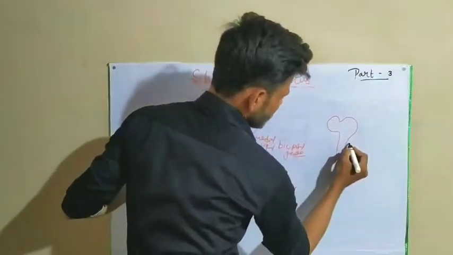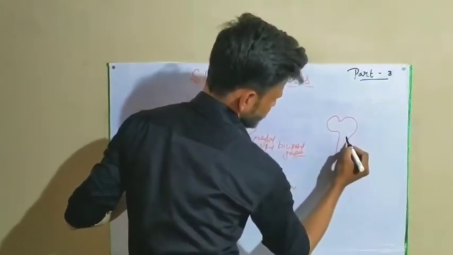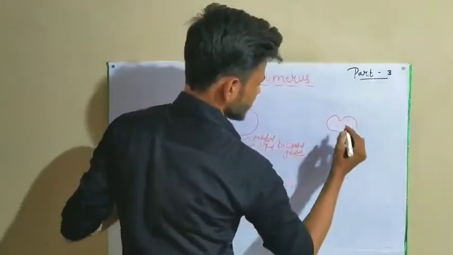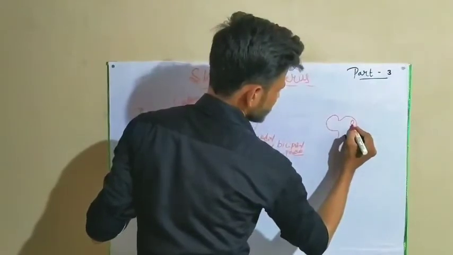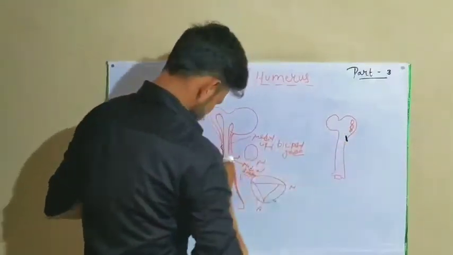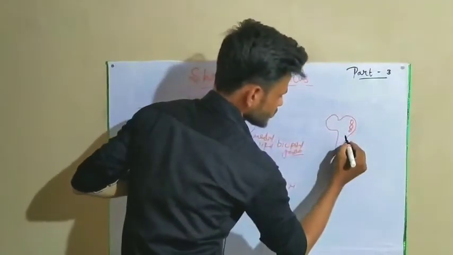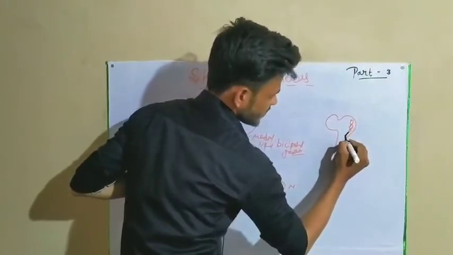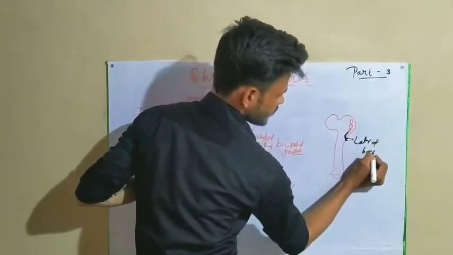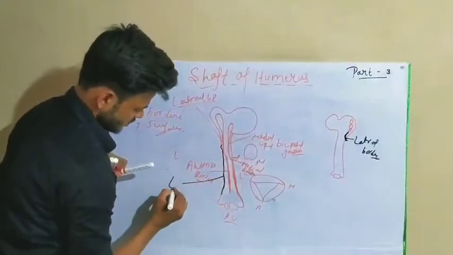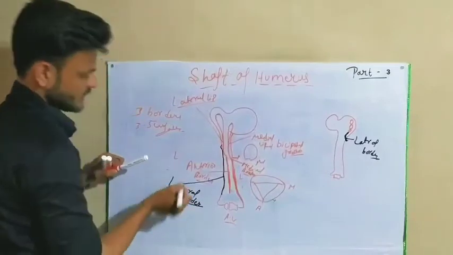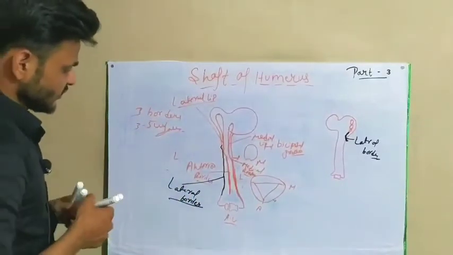Here lies the lateral border. It turns back to the posterior part of the greater tubercle, where there are 3 depressions. This lateral border merges with the posterior part of the greater tubercle. This is our lateral border.